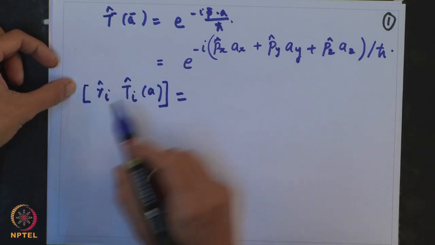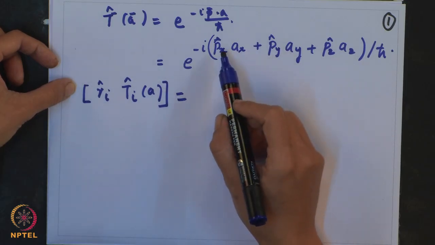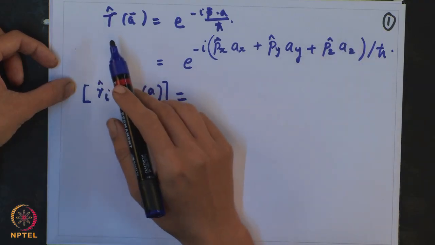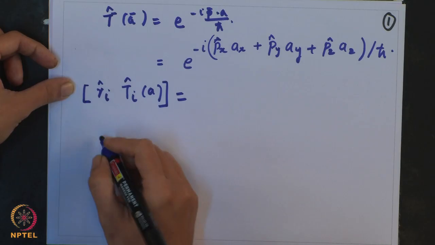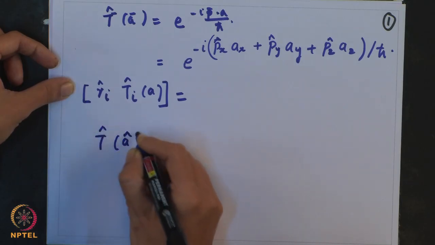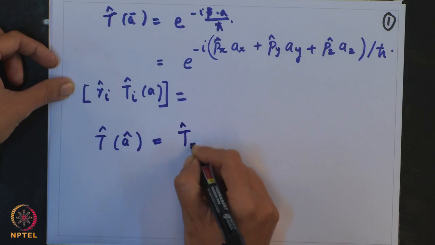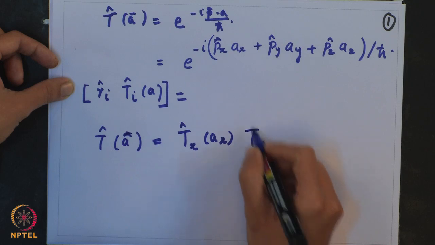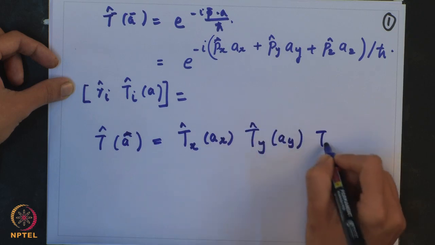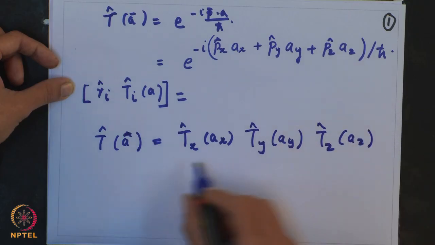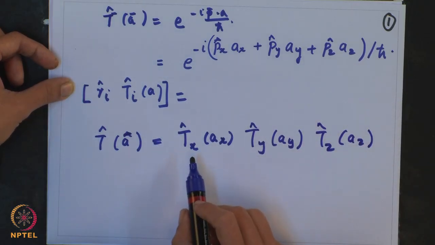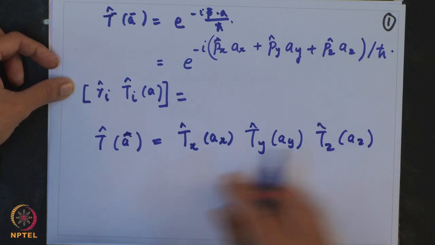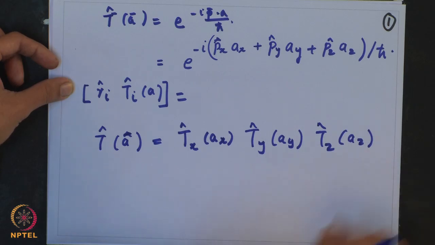As we know, the momentum operators P_x, P_y and P_z commute with each other, so we will have T_x, T_y and T_z. So, this T(A), I can write as T_x(A_x), T_y(A_y) and T_z(A_z). These translational operators will also commute with each other, so when we are taking the commutation relation, we have to use this hint.